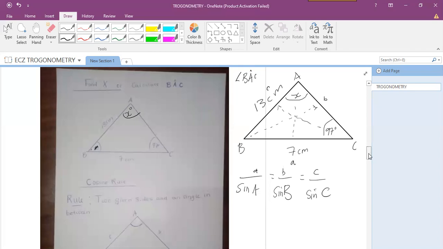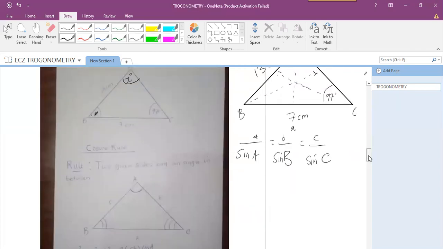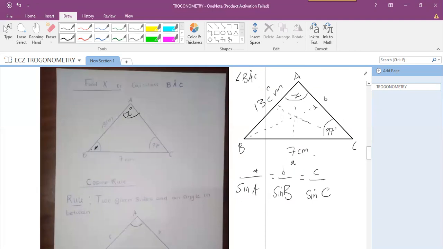Then you start to substitute. Okay, what do we have here? Small letter a is 7 over sine x, the one that they want us to find, this BAC angle, is equal to, all right, what is small letter b?